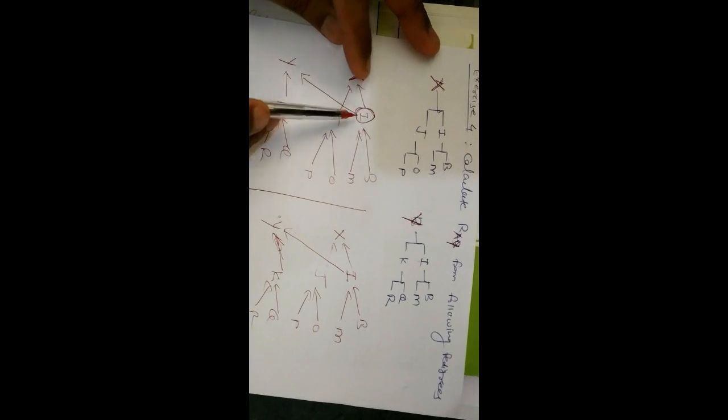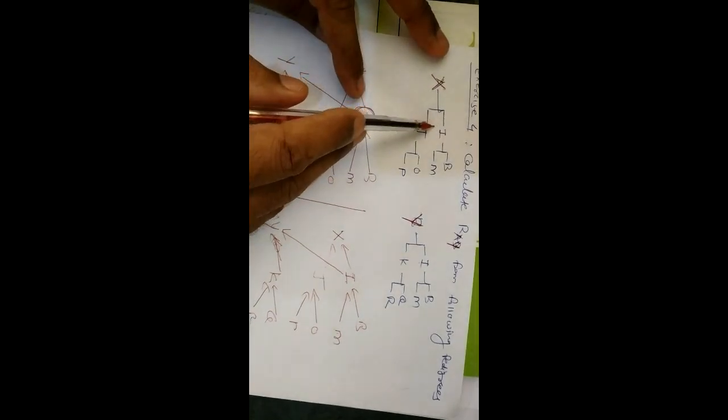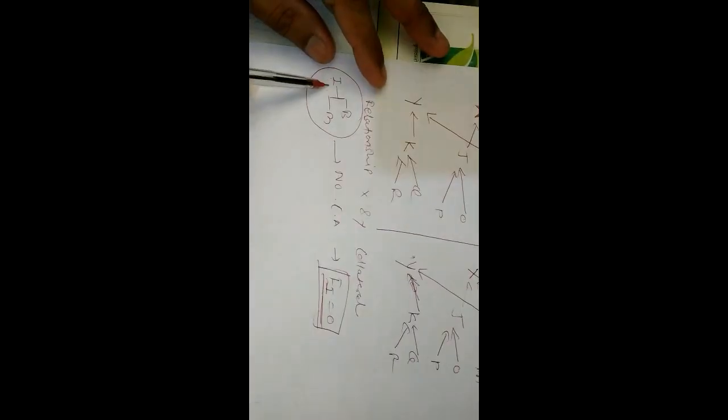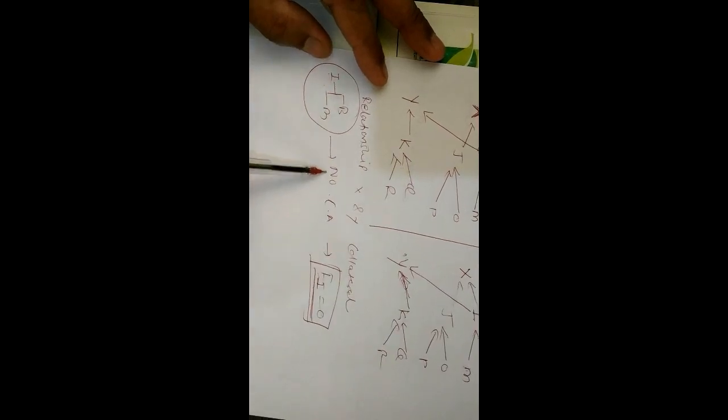For the common ancestor whose inbreeding coefficient we need to find, take its whole pedigree. So I has one parent B and another M. In this pedigree there is no common ancestor, that means I is non-inbred, so FI will be 0.